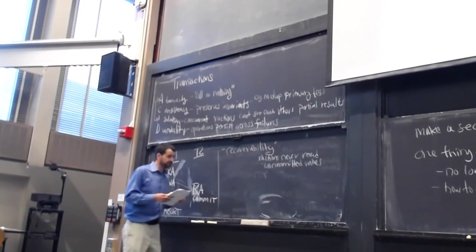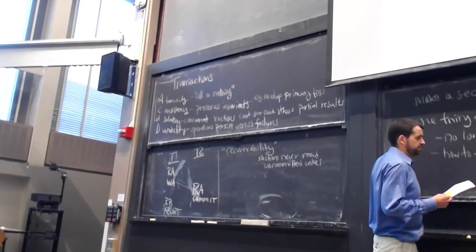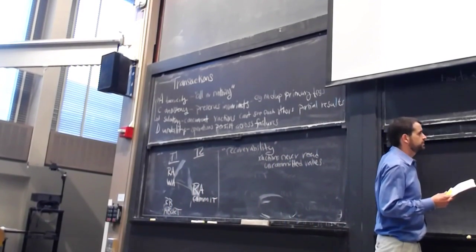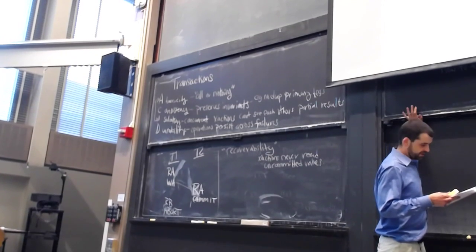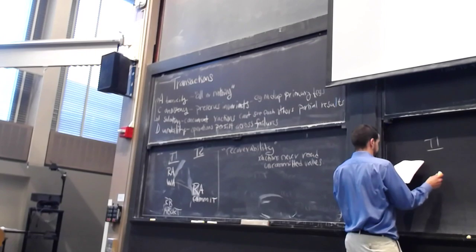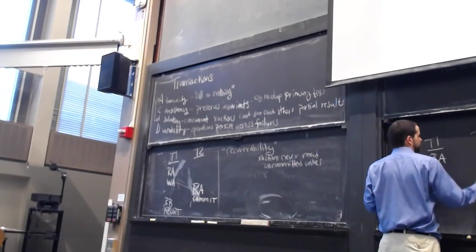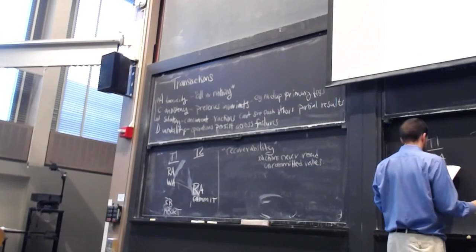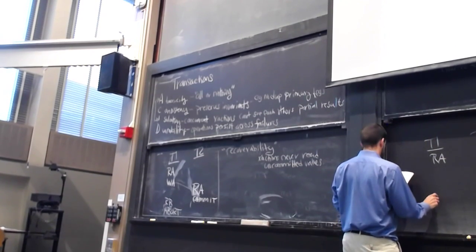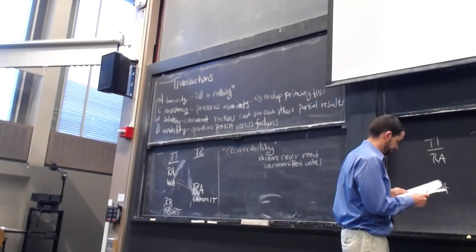Okay, so let's look at another example. Suppose T1 does a read of A, T2 does a write of A, T1 does a write of A. Oops, sorry, wrong example.